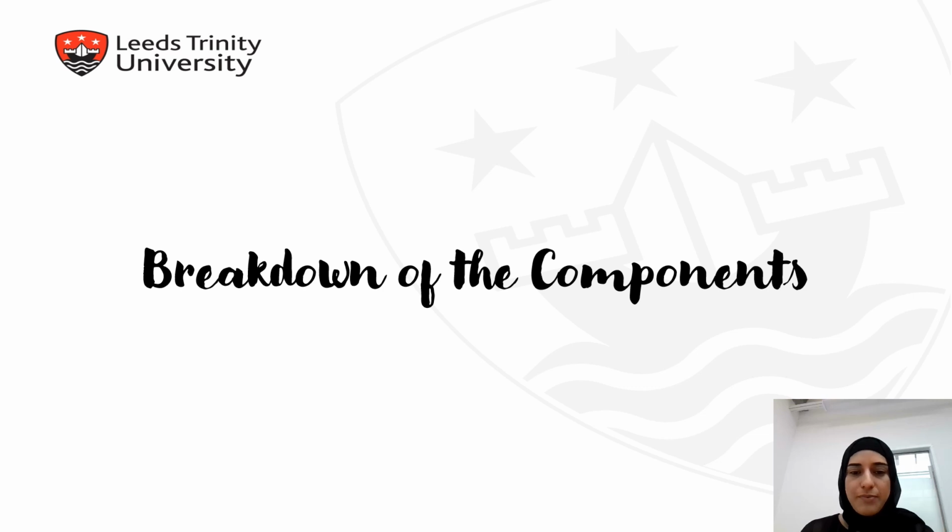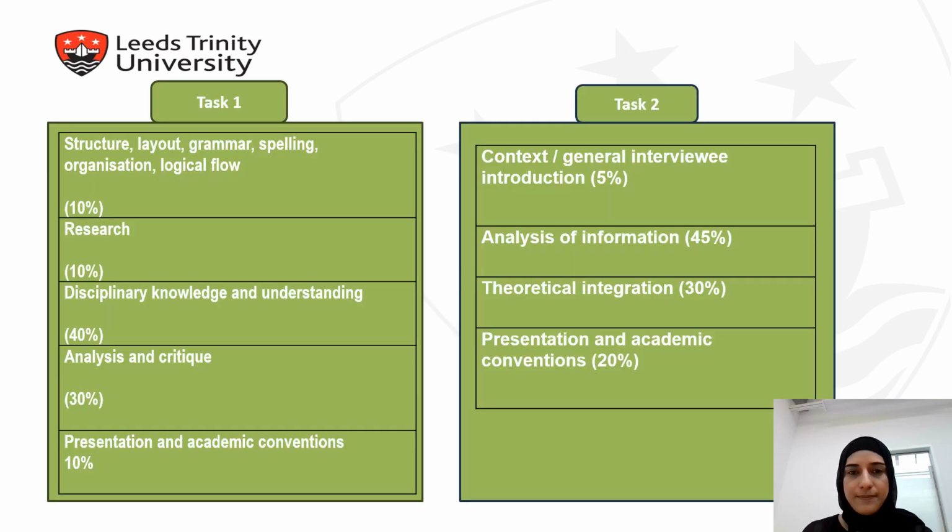If we look into the breakdown of these components, as you can see, your portfolio number 1 comprises task 1 and task 2. We are going to look into the different components.